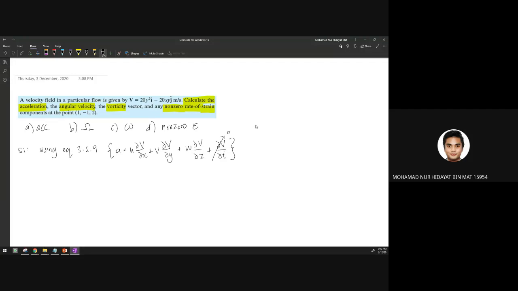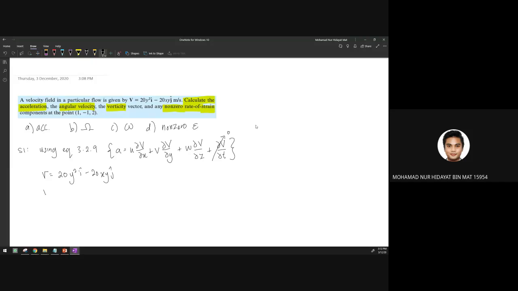And then you can see this is a component of the velocity vector. So the velocity vector is equal to 20y squared i minus 20xy j. From this velocity vector, we have to distinguish the components.